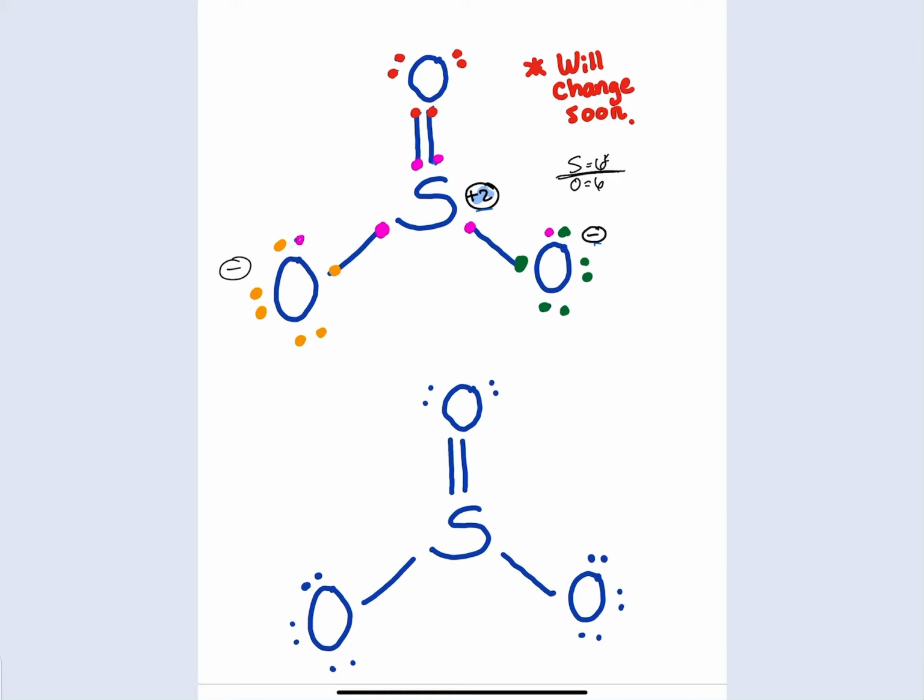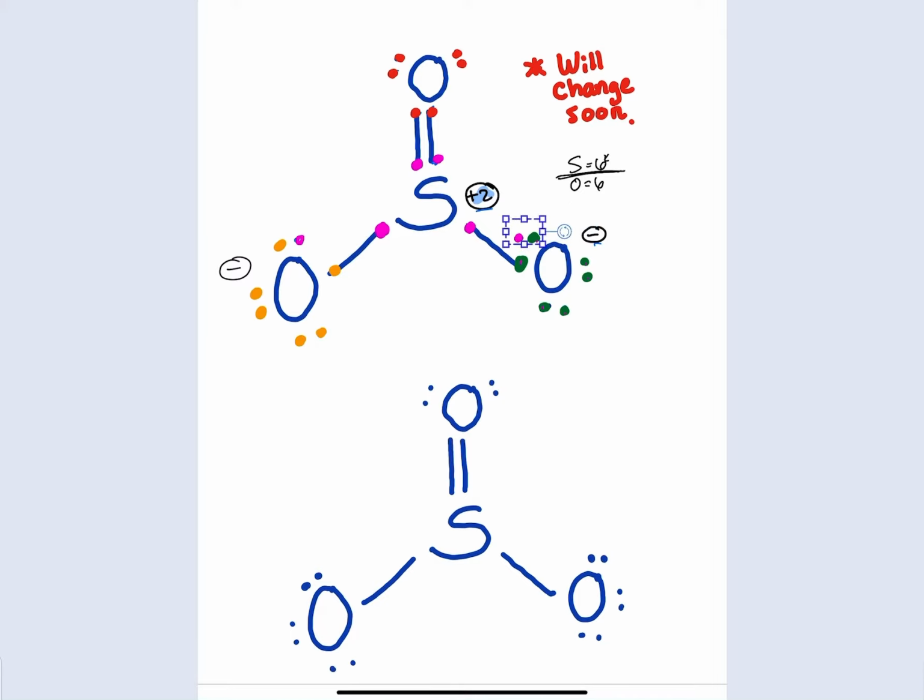If we could do something like that, then we'd know the sulfur and we could actually make those pink electrons attached to the sulfur. Well, then everything would be in a much better place. And it also makes sense because if you count up the oxygen electrons, the green ones, you've got the 1, 2, 3, 4, 5, 6, which is what they came with. So it makes sense that some of these electrons came from the sulfur.